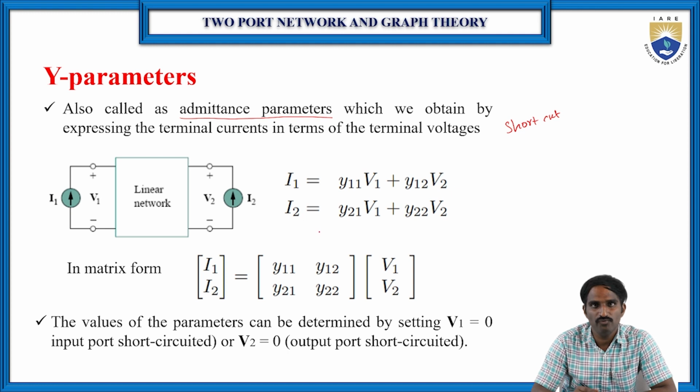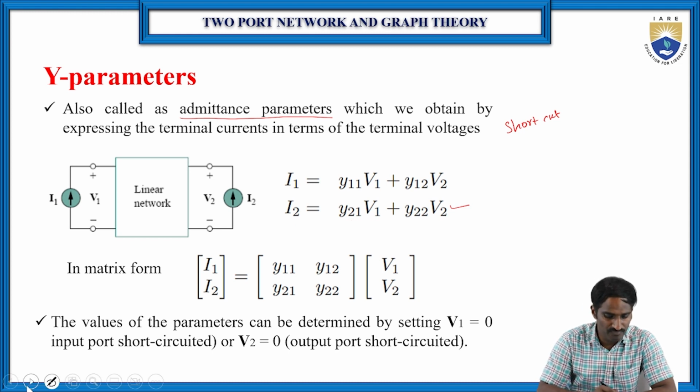The difference is that before, the voltages were the dependent variables, but here the currents are the dependent variables, which means the input and output currents I1, I2 are functions of the input and output voltages. So the equation is I1 is equal to Y11 into V1 plus Y12 into V2. Similarly, I2 is equal to Y21 into V1 plus Y22 into V2.